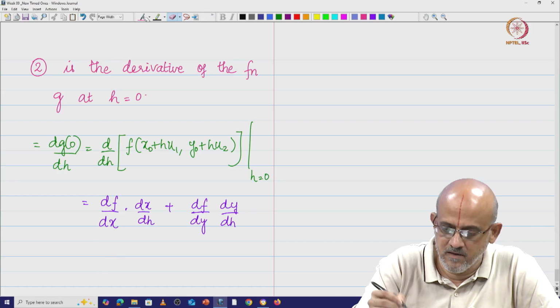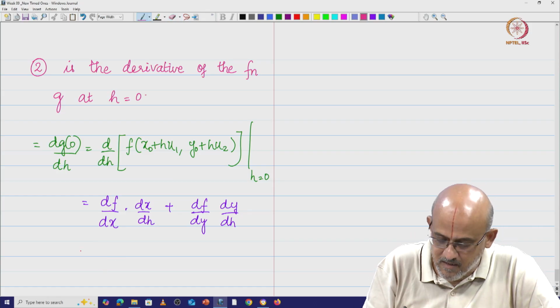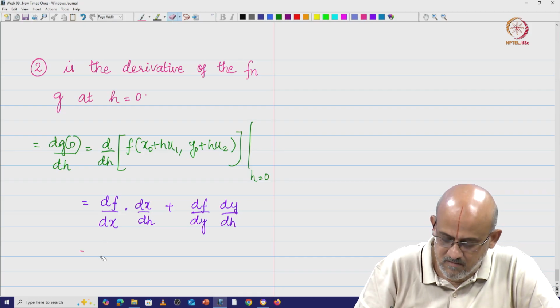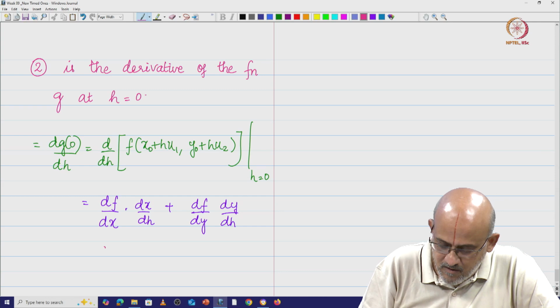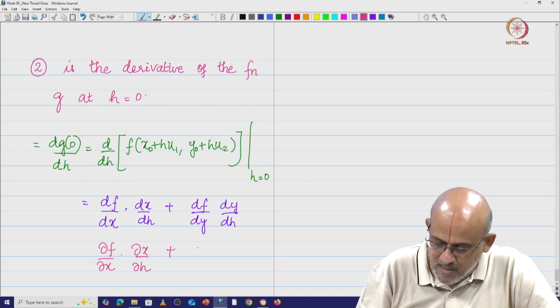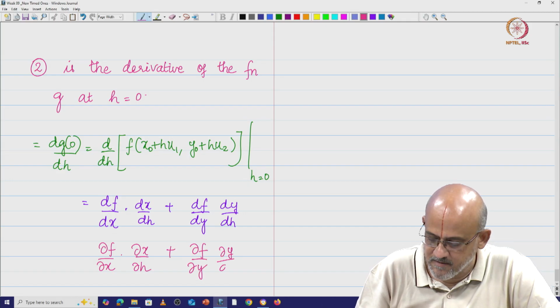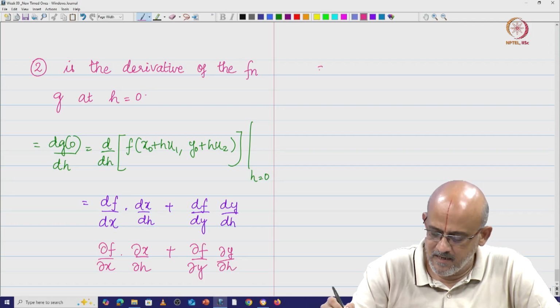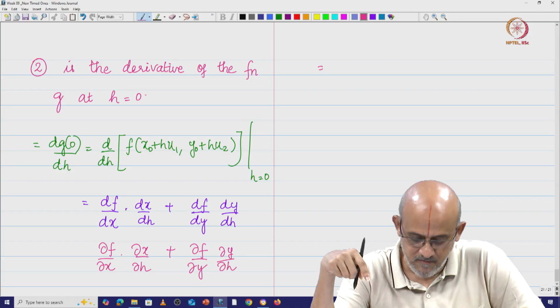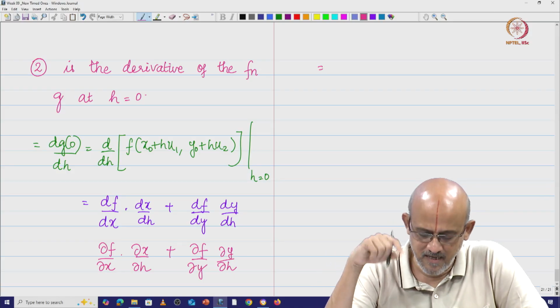into dou x by dou h plus dou f by dou y into dou y by dou h, which is nothing but what is dou f by dou x? That's basically the partial derivative of the function with respect to x, right?